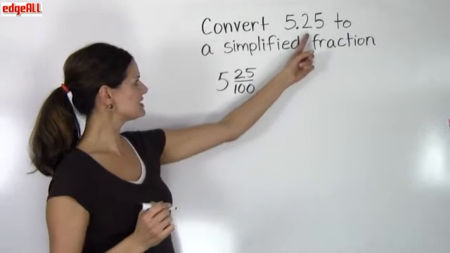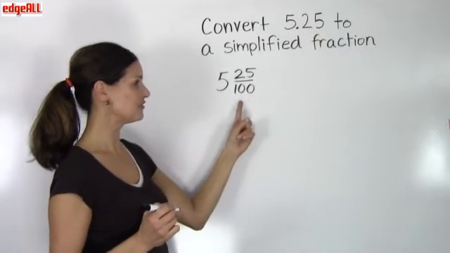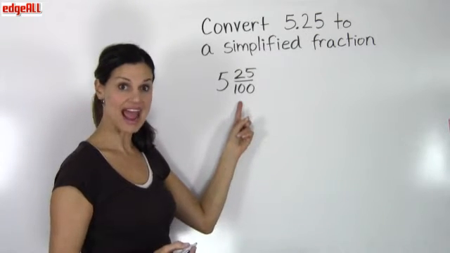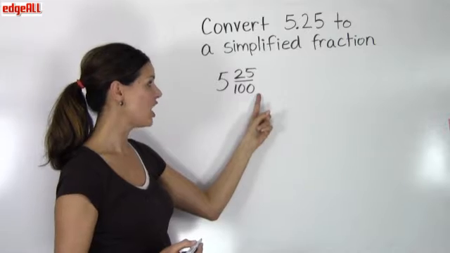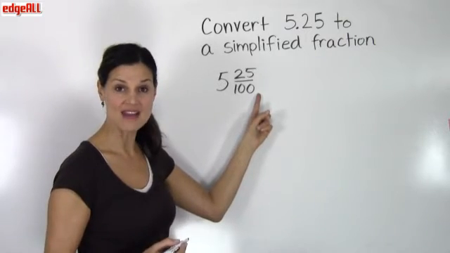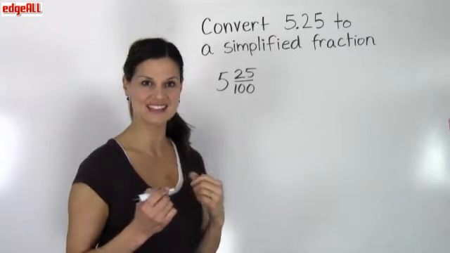And I have this now, 5.25, from decimal to fraction. However, I can see that both my 25 and my 100 are divisible by 25, so I can simplify the fractional portion of my answer.